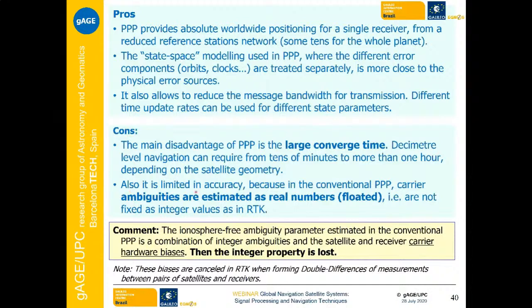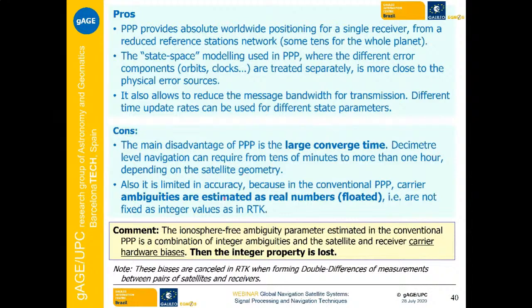In PPP, we cannot take benefit, in the classical PPP, of the information about the integer nature of the ambiguities as we do in the case of RTK.